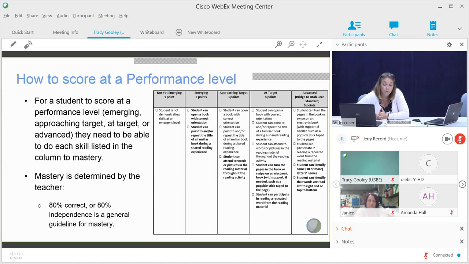But typically, when we look at has a student mastered something, it's typically 80% correct or 80% independence as just kind of a general guideline. But you as a teacher, you get that discretion. If you decide mastery for this skill set, or this performance level for a student needs to be 100% accuracy, then that's what you're going to shoot for. But in order to move from, for example here, emerging to approaching target, we have to be able to accomplish both of those skill sets.